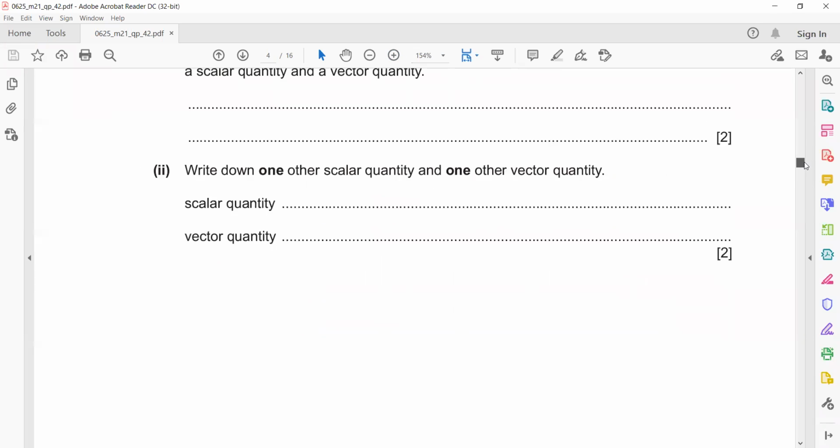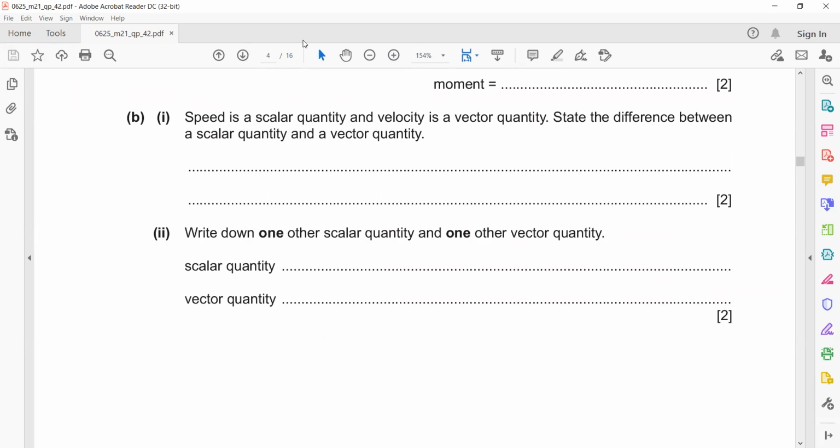In part B1, speed is a scalar quantity, velocity is a vector quantity. State the difference between scalar and vector quantity. Scalar quantities have magnitude and unit only.